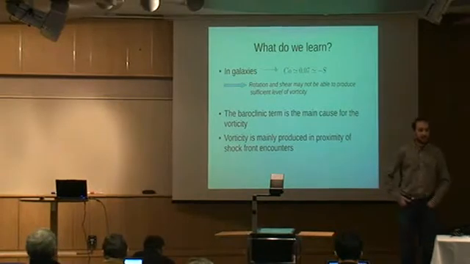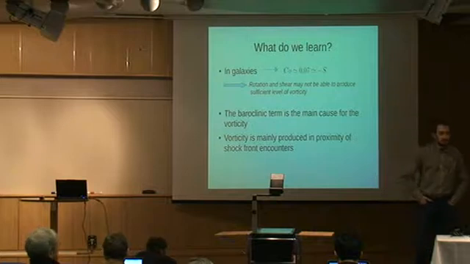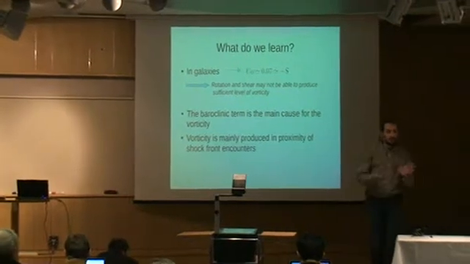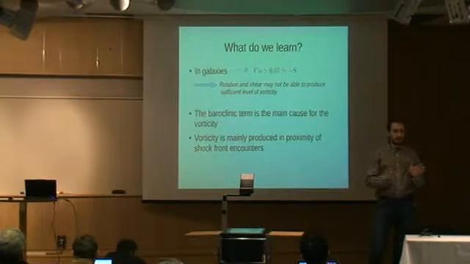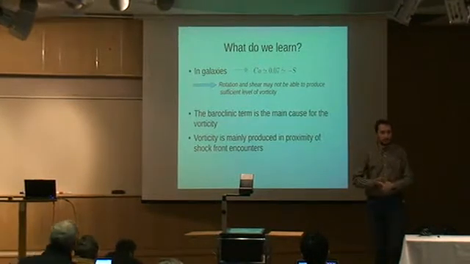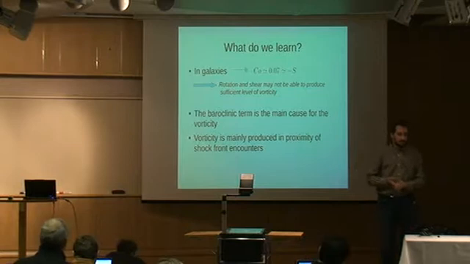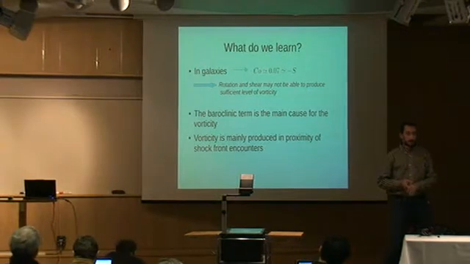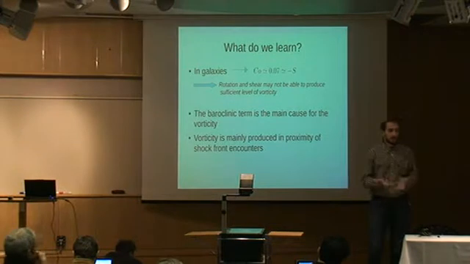But in real galaxies, my feeling is that in shocks and shock fronts and contacts, especially when they are not parallel, oblique shock fronts and contacts, I think that they are the main cause of vorticity, because it's a place in which the biggest amount of entropy is generated.